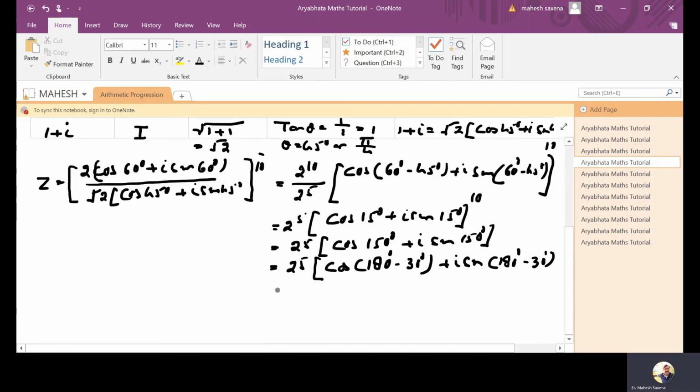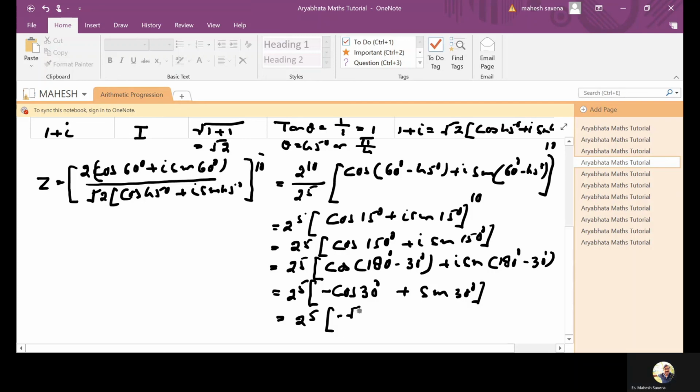And this will equal 2 to the power 5 times cos (180 minus 30 degree), which is equal to minus cos 30 degree, and i sin (180 minus 30 degree), which means sin 30 degree. Therefore, its value is 2 to the power 5 times (cos 30 is equal to minus root 3 by 2, and sin 30 is 1 by 2).